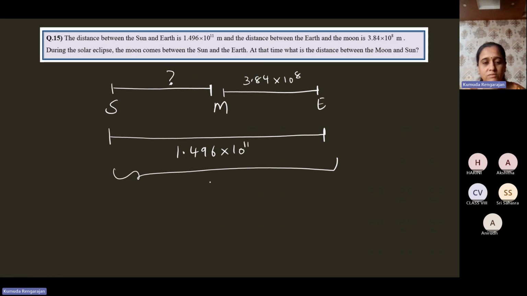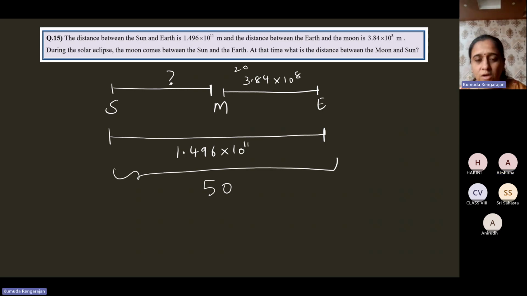Now, supposing this is 50 and this is 20, what's the distance between the Sun and the Moon in this case? 30.